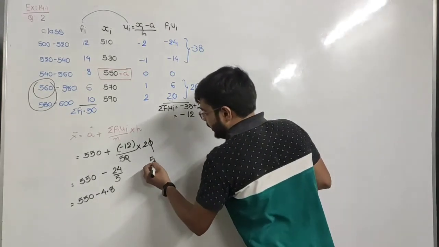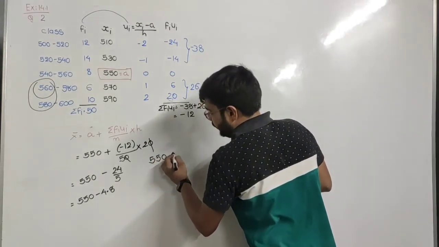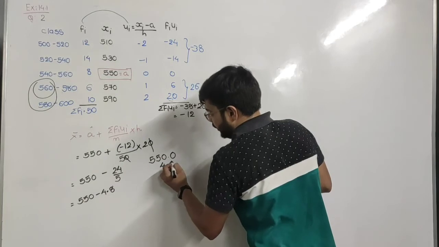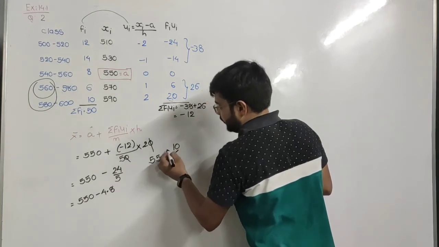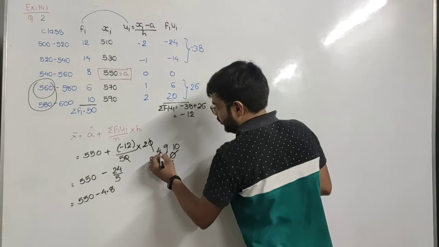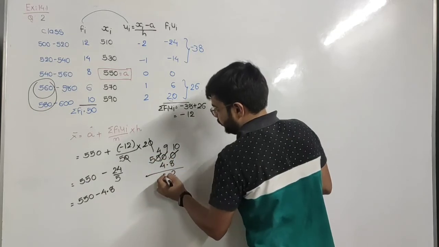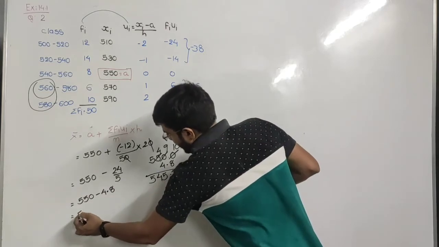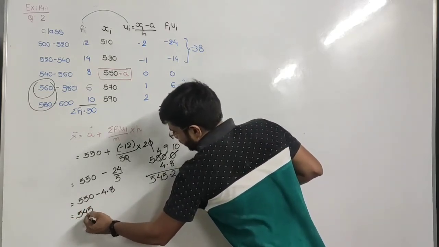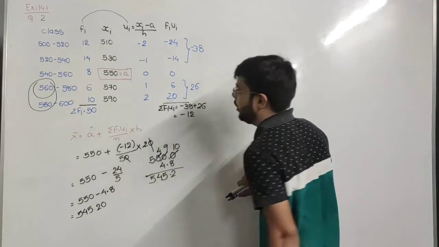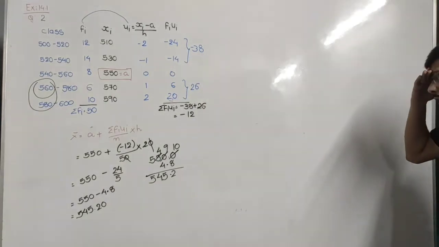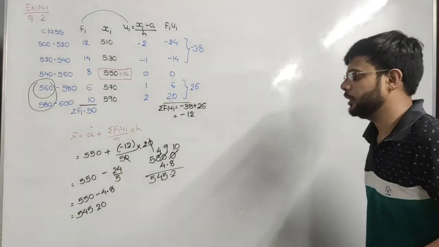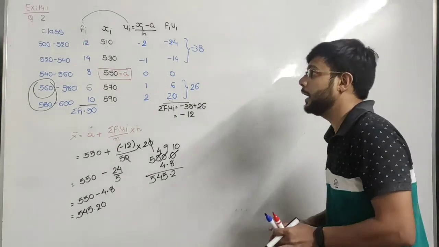Subtracting, the answer will be 545.2. The mean of daily wages will be 545.20.